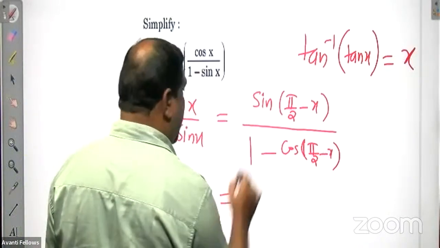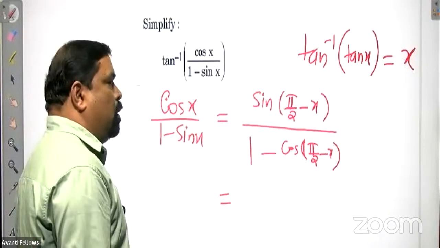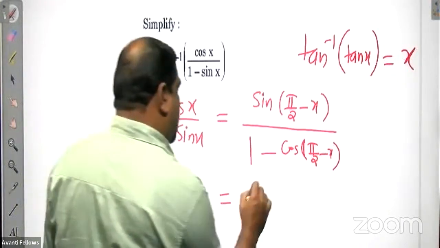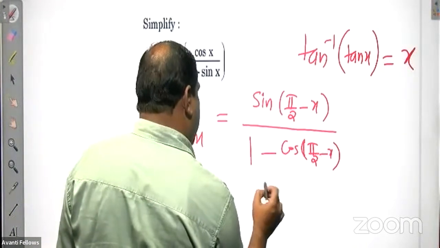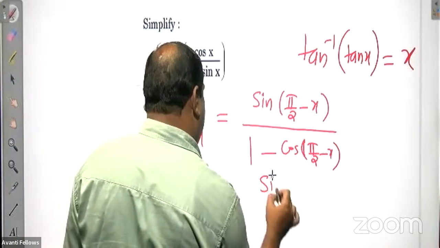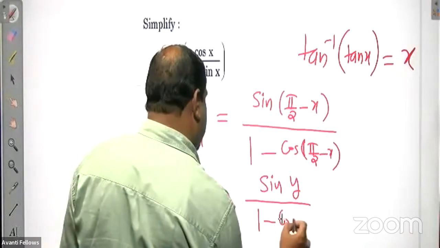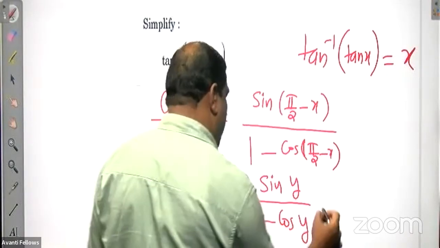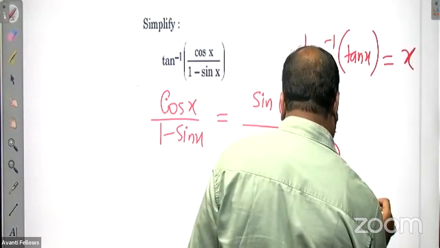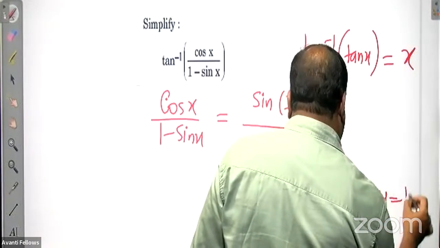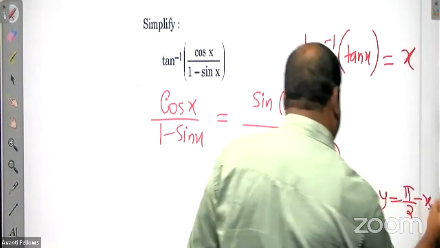Now, let us take this pi by 2 minus x, for the time being, as some y. Later we will replace it.